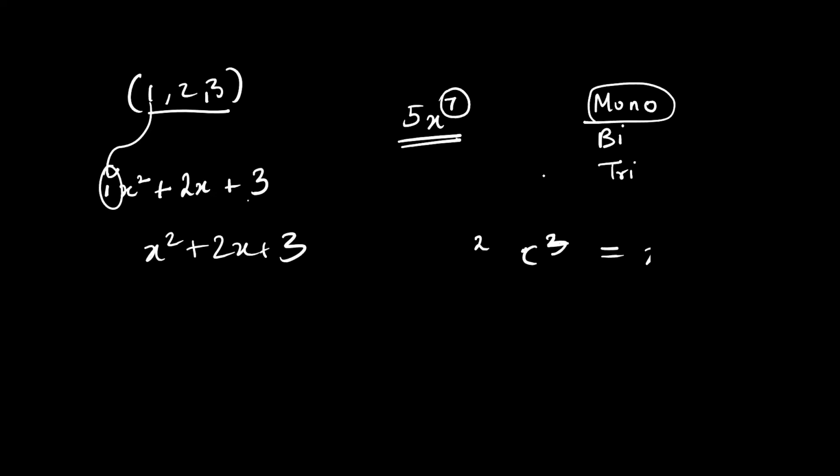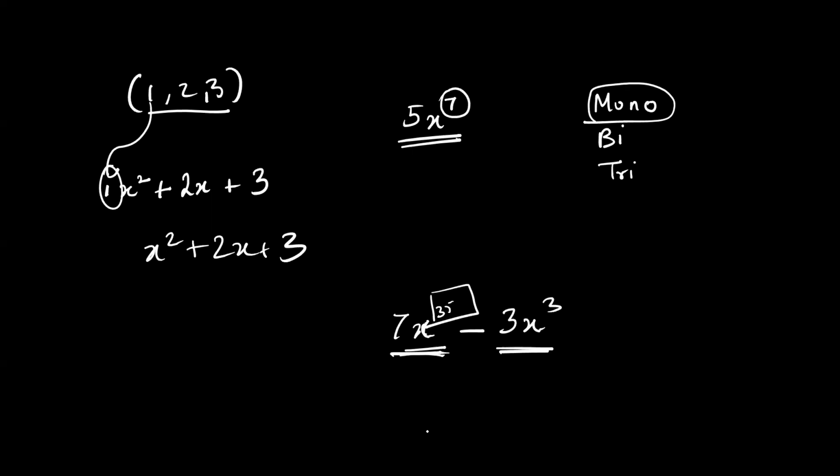Then they ask for a binomial with degree 35. Binomial means there should be 2 terms, and the highest power should be 35. So at the start I'll write 7x raised to 35. Plus or minus, you can write anything in between. I'm writing minus. For the second term, write anything, but make sure its power is less than 35. So I can even write 3x cubed. Since there are 2 terms and the highest power is 35, this is a binomial with degree 35.